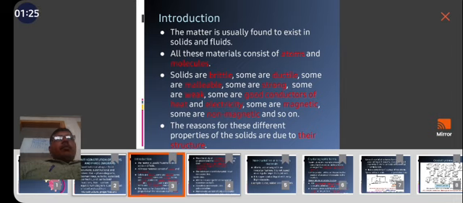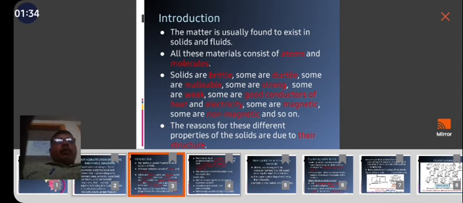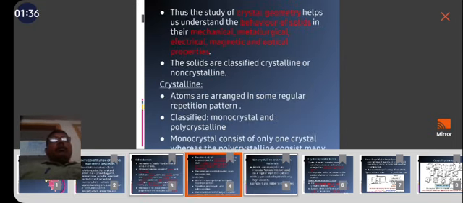The reason for these different properties of solids is their structures. Thus, the study of crystal geometry helps us to understand the behaviors of solids in their mechanical, metallurgical, electrical, magnetic, and optical properties. The solids are classified as crystalline or non-crystalline.